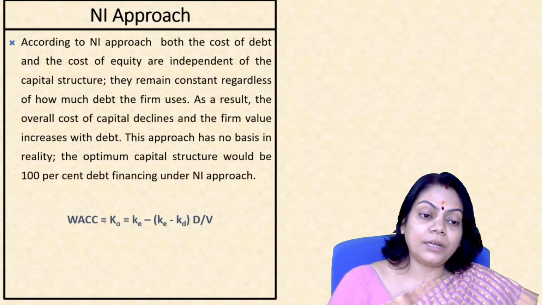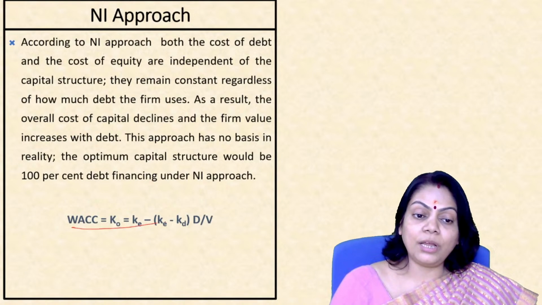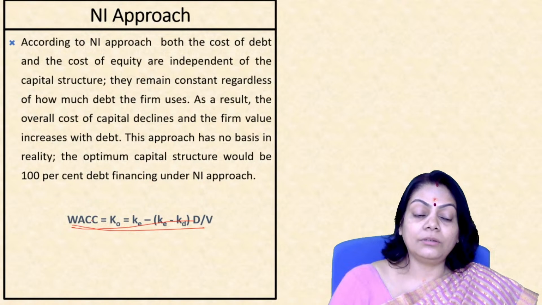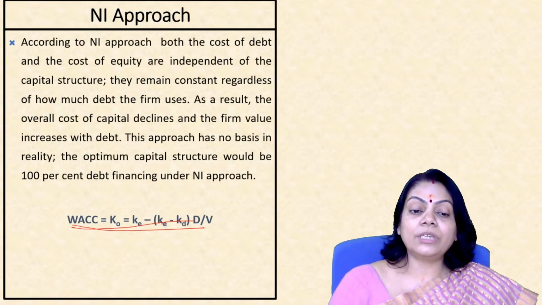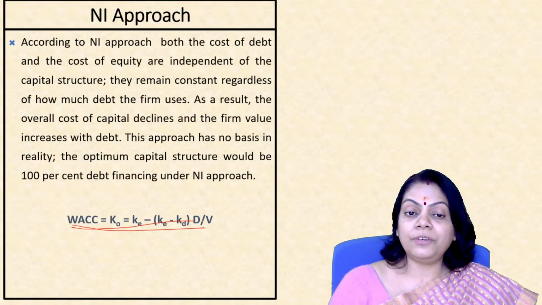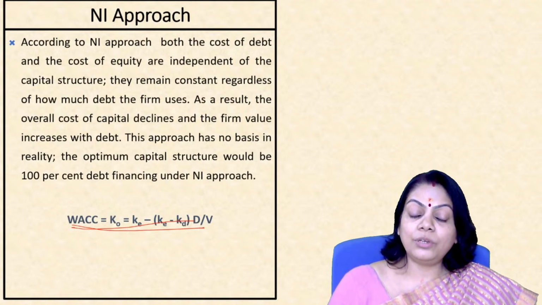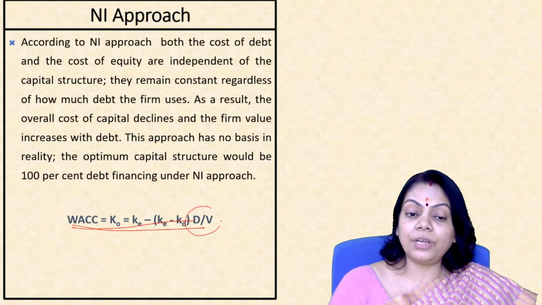Now, to prove their theory, they have given us a formula: the weighted average cost of capital, or overall cost of capital, is KE minus KD into D by V. The whole issue is that there is a spread between KD and KE. The more the use of debt, the bigger the spread, while KE and KD are constant.